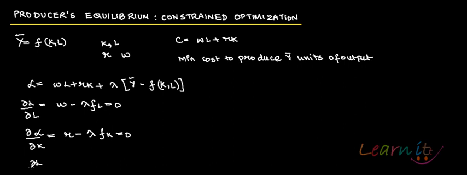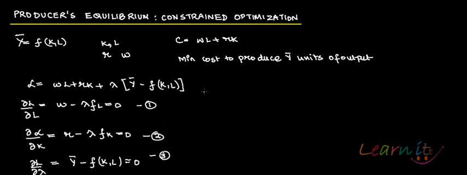And the last one, with respect to the constraint, del L by del lambda is Y bar minus f of K, L equals 0. These are the three necessary conditions.